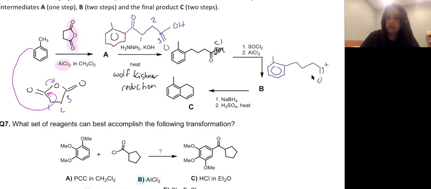And then what do you think is gonna happen? We're also looking at product C. So from product C, you see that it kind of just made its own ring.